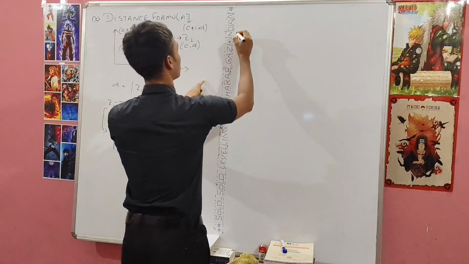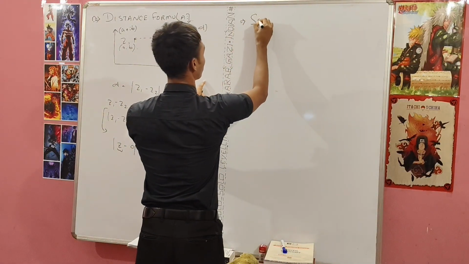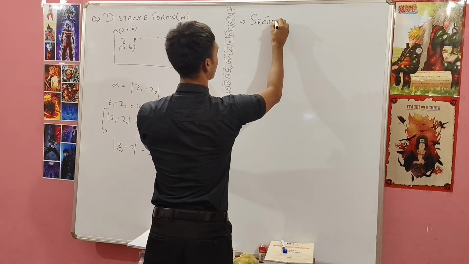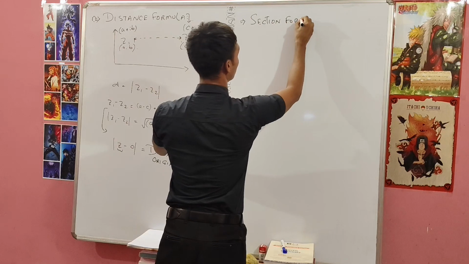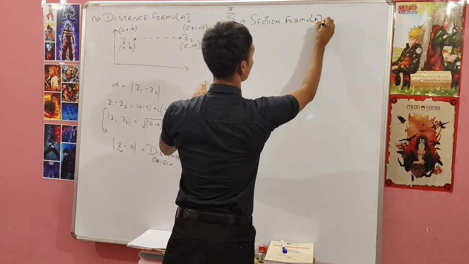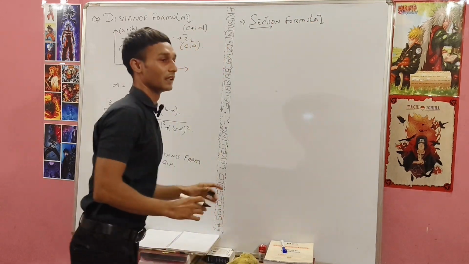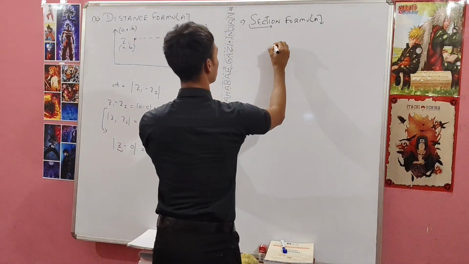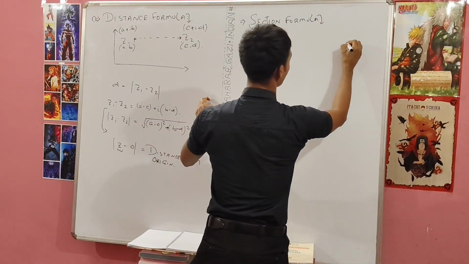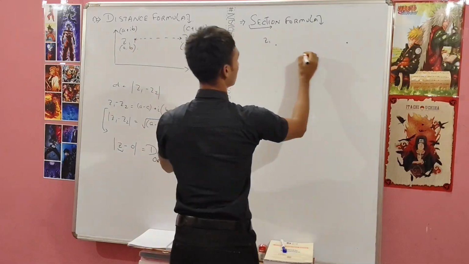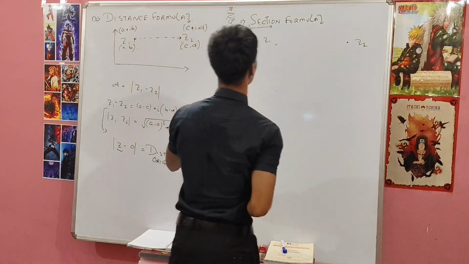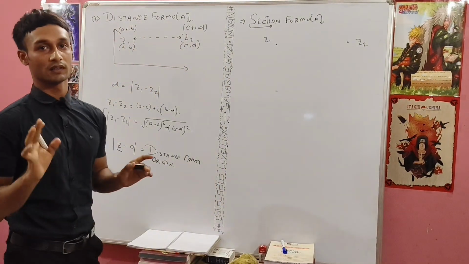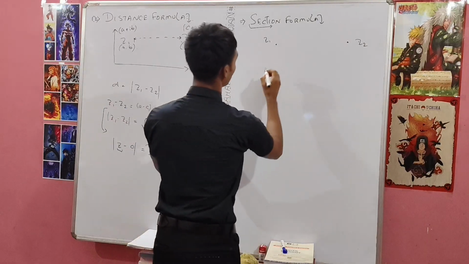Okay, the second one is the section formula. It's the same as normal geometry, like these 2 points z1, z2. Here z1 and z2 are two fixed complex numbers.